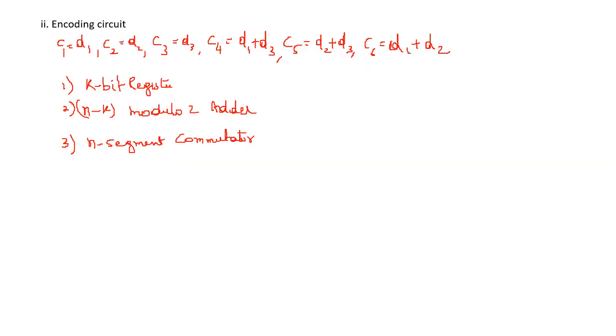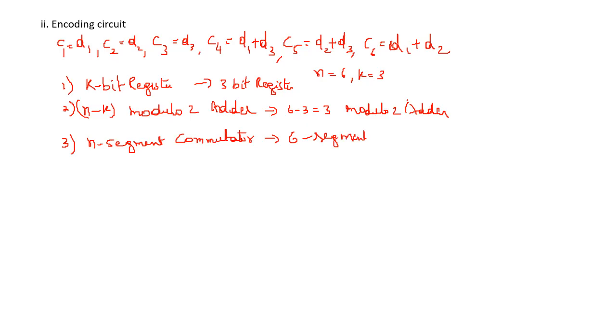So here in this problem, n is given as 6 and k is given as 3. So we'll have a 3-bit register, then 6 minus 3 equal to 3 modulo 2 adders, and the last one is a 6 segment commutator. So we'll just try to draw it.